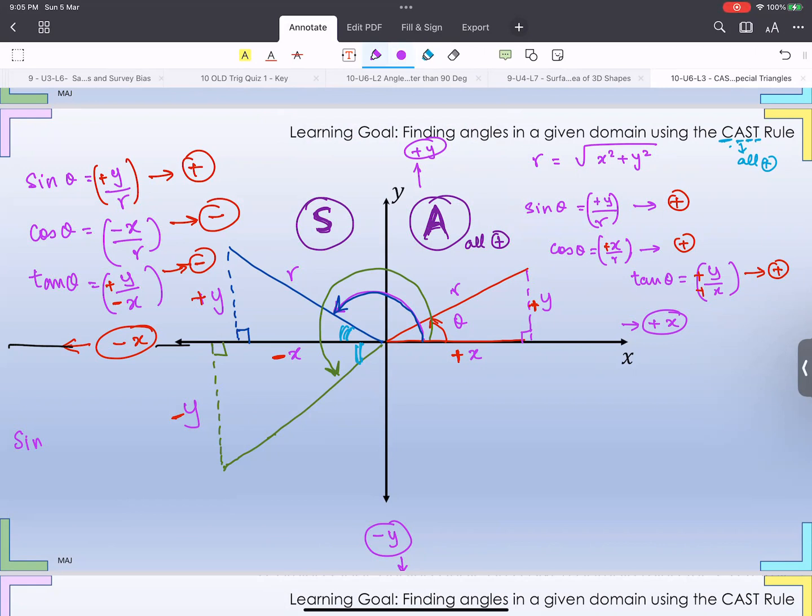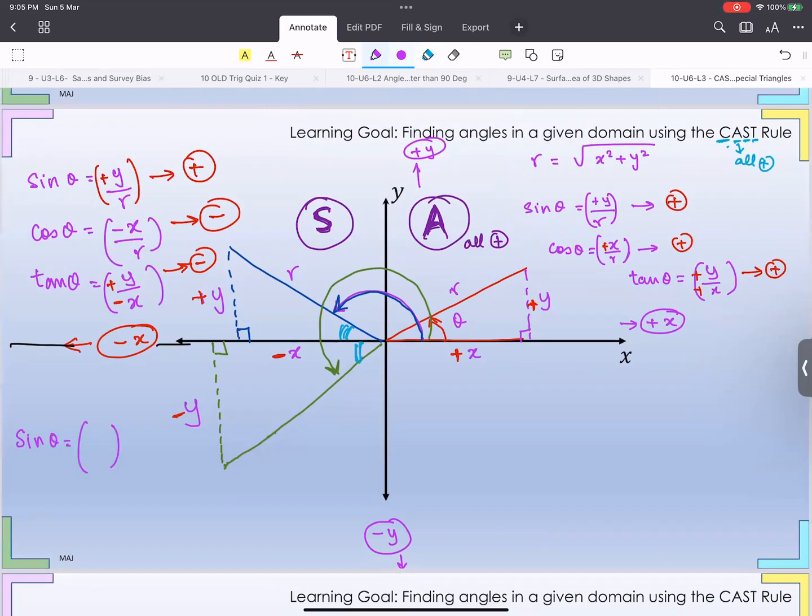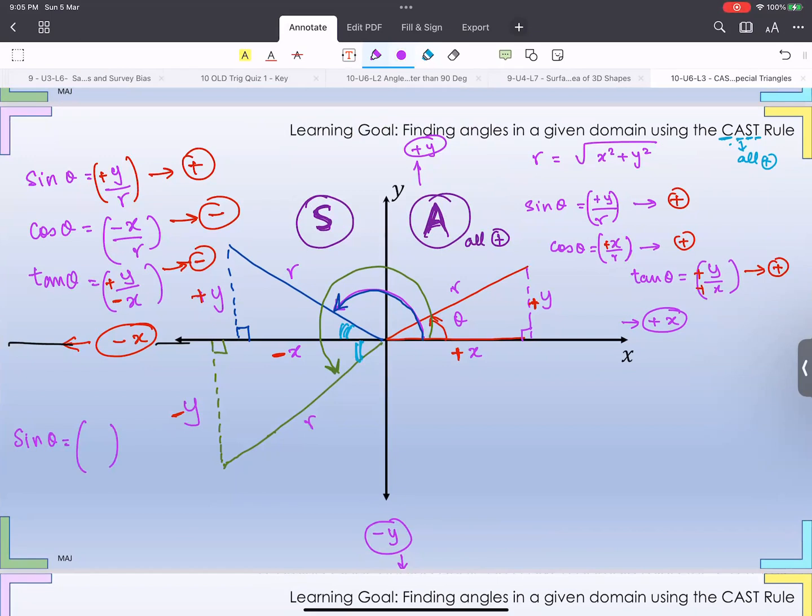So sine theta is opposite over hypotenuse, and the hypotenuse is always going to be positive. Opposite is negative y, right? So we're going to have y over r, except y now is negative, okay? So negative divided by positive, what's going to happen?